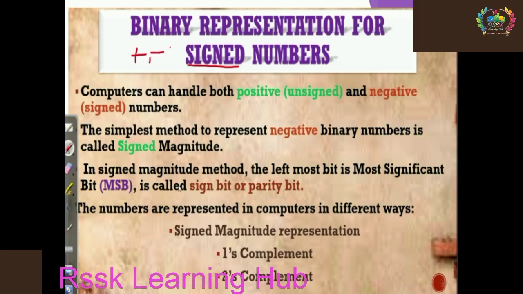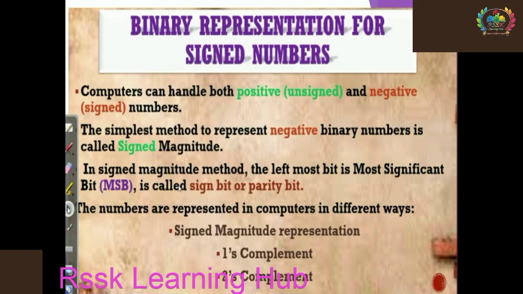These are the two signs in your number system, plus and minus. So positive and negative should be represented using plus and minus, right? Then sign magnitude representation for one's complement and two's complement. We will see what is one's complement and what is two's complement. So this is the binary representation for your signed number.